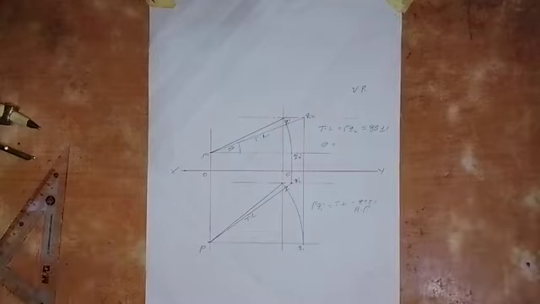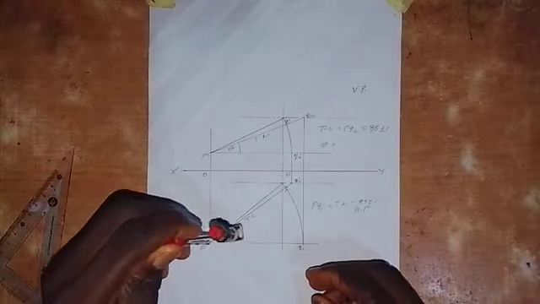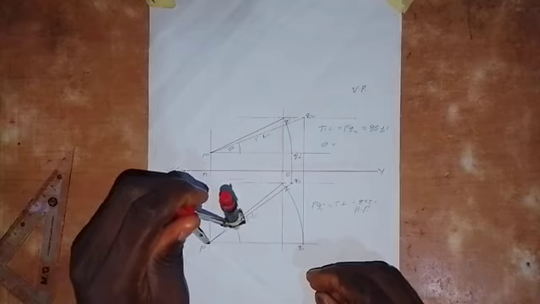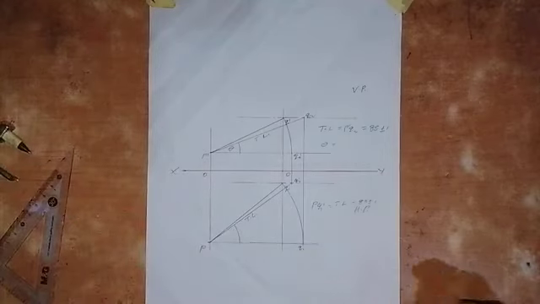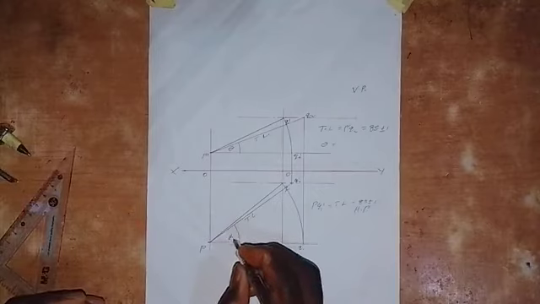Then let's also make an arc between this horizontal line and this line PQ1 prime. I'll call this angle alpha.